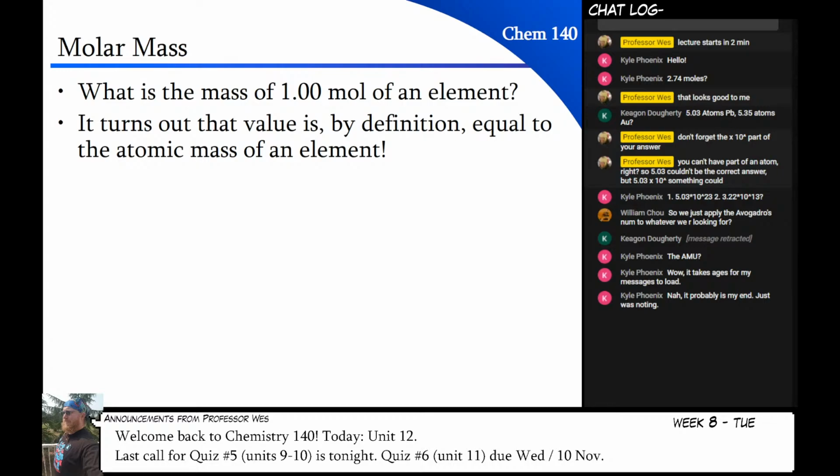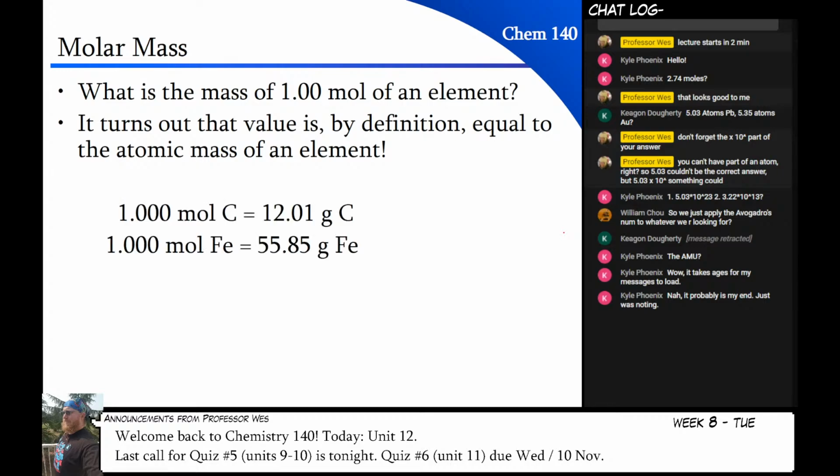We have set up AMU to work out that way. So now what that means is that when I'm doing these conversions, I can do things like this. I know how many atoms are in a mole, but I also know how many grams there are in the mole, provided I know what the substance is.